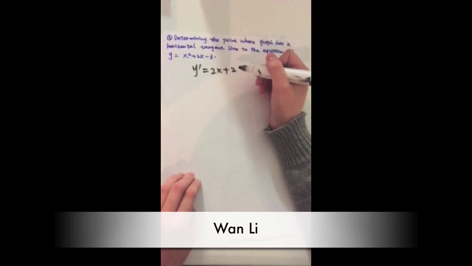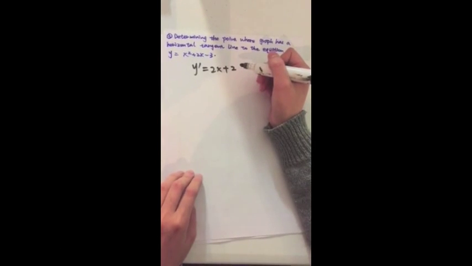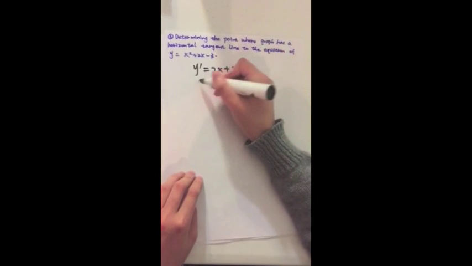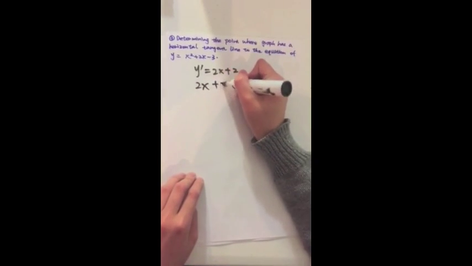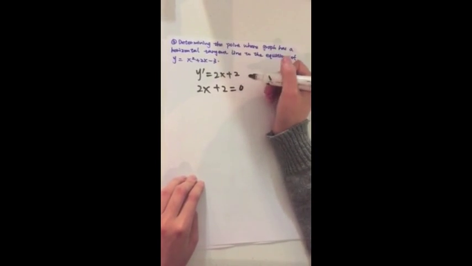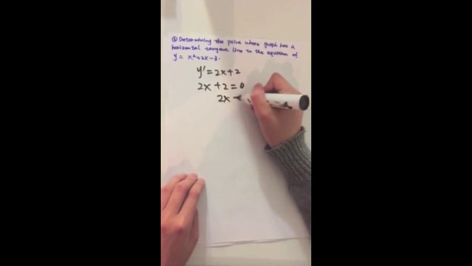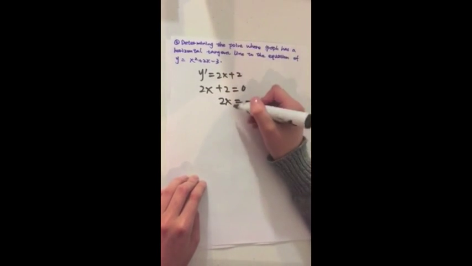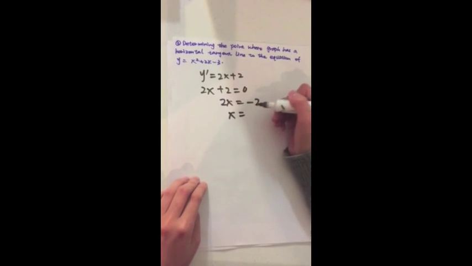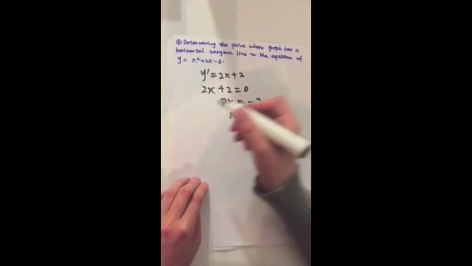Because it is a horizontal tangent line, y dash is equal to 0. 2x plus 2 is equal to 0. 2x equals minus 2. So x is equal to minus 1.